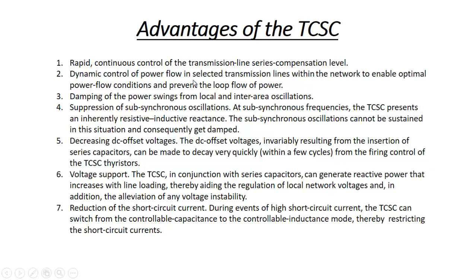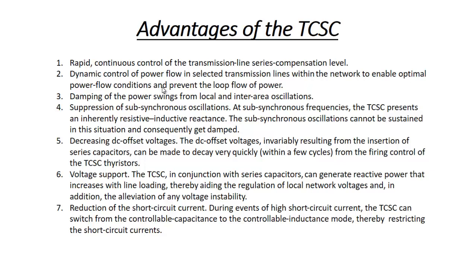The dynamic control of the power flow in selected transmission lines within the network to enable optimal power flow conditions and prevent loop flow of the power. So it means that, for an interconnected system, we'll be able to perform the optimal power flow for the different transmission lines, and it also prevents the loop power flow.